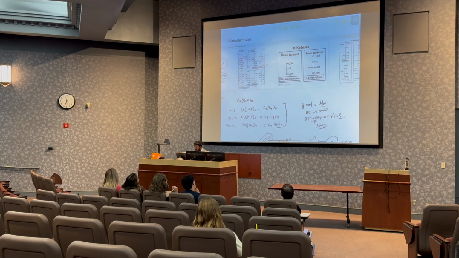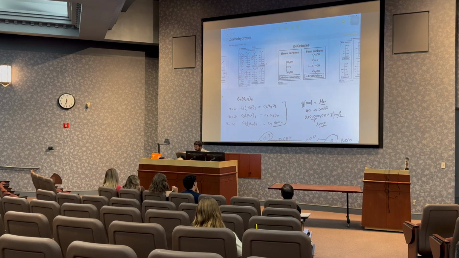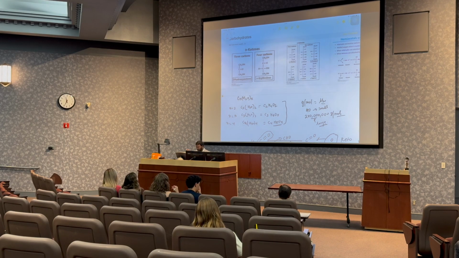This one is second and fourth, this one is second and third, this one is all three. But if you see, all the forms are D forms. Why? If you focus on the last carbon, all OH are on the right side, and that's why they are D forms. Am I clear up to here? If you want to remember the structures, you can practice them at home twice or thrice, and you will be able to remember that, but it's not necessary for the exams.